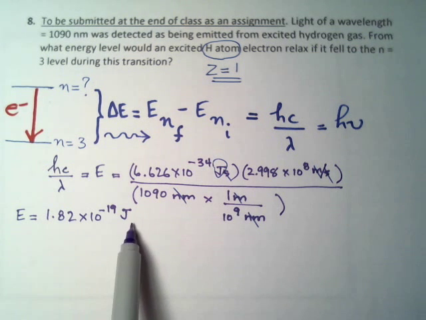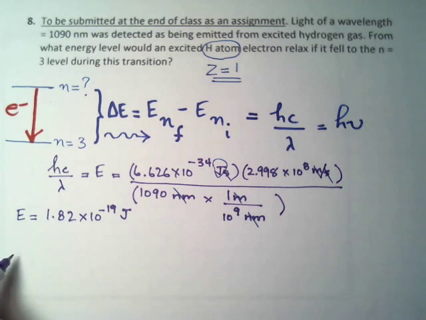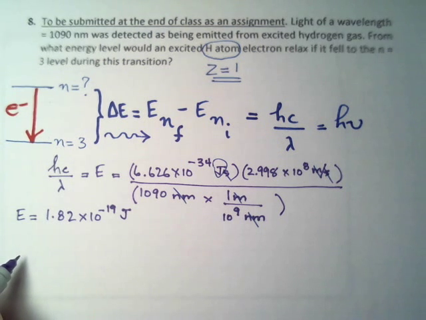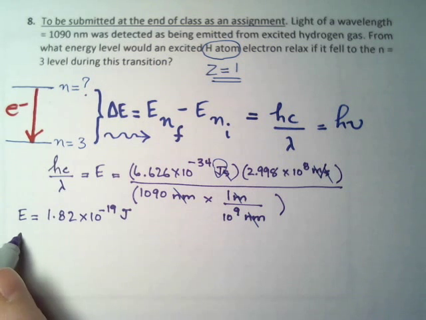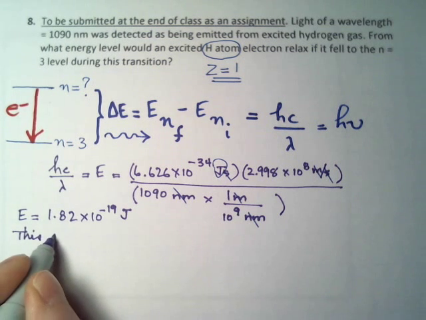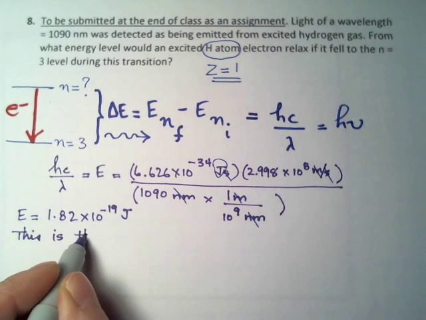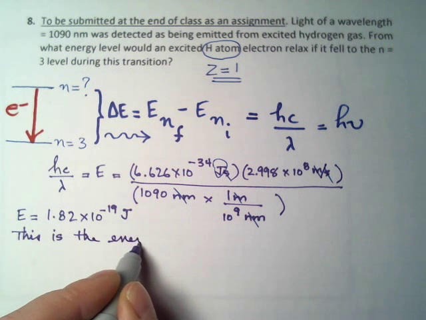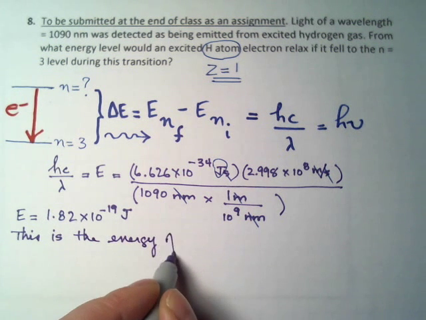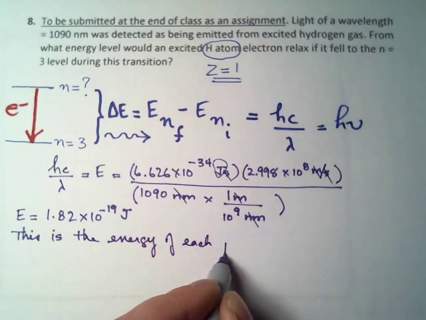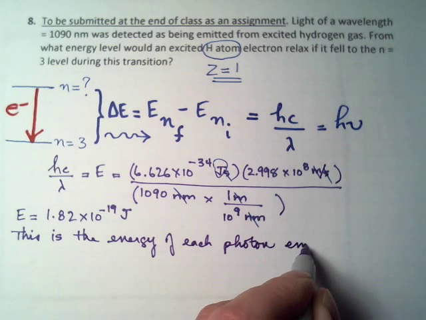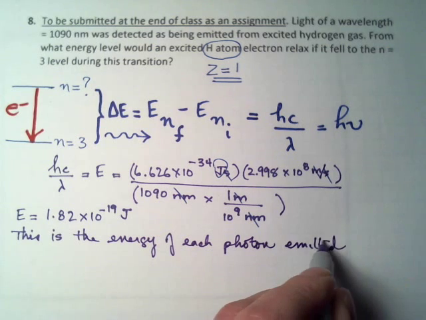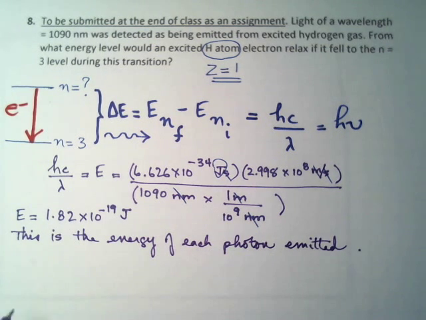Okay, so that's that. What I'm going to do now is tell you that that energy, and let's write it. This is the energy of each photon emitted in this relaxation process.